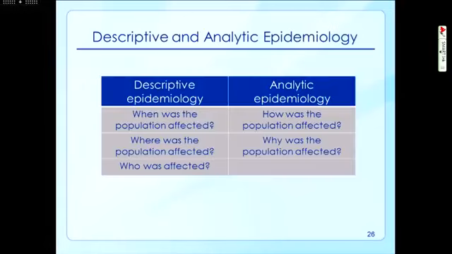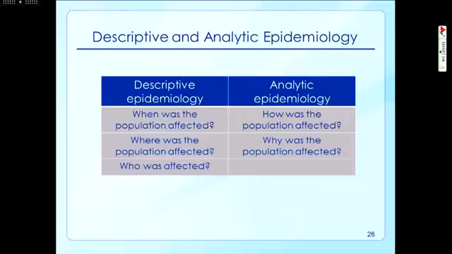So hopefully you're already learning that time, place, and person is the mantra of the epidemiologist. Another way of comparing descriptive and analytic epidemiology is to say that during the descriptive process, we're concerned with when the population was affected, where the population was affected, and who was actually affected.